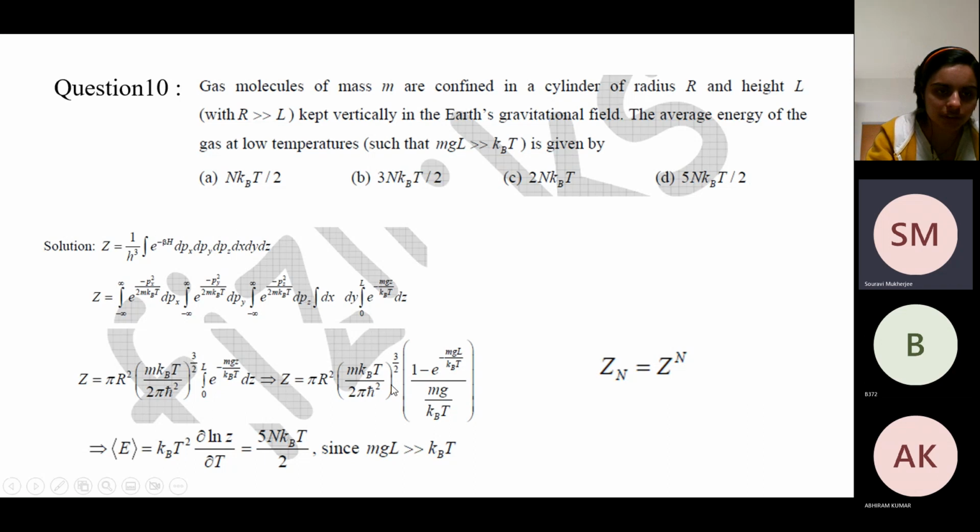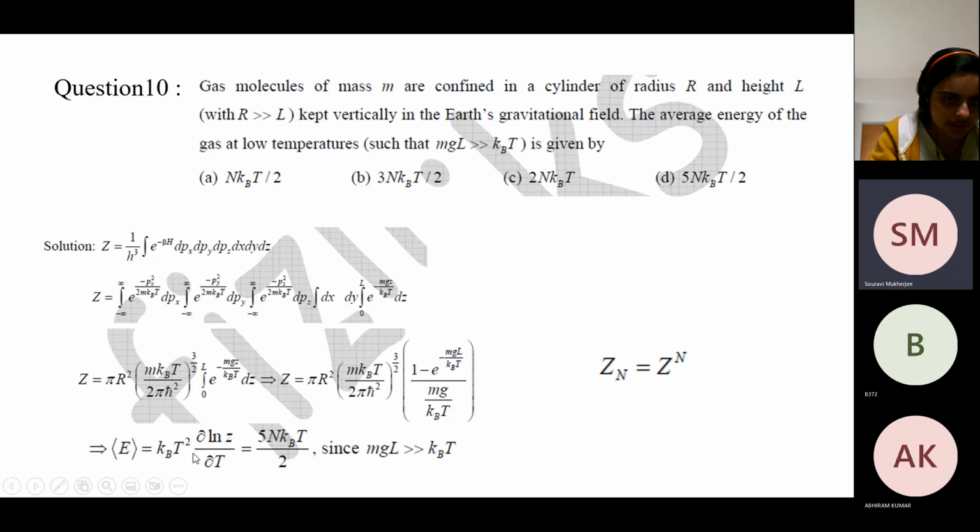So what you have to do then is find the average energy of the gas at low temperatures. This is the relation that they have used, but how they got to this expression is by the integration of energy with respect to the phase space density. If you integrate energy with phase space density, you'll find that it can be written in terms of the formula given here.